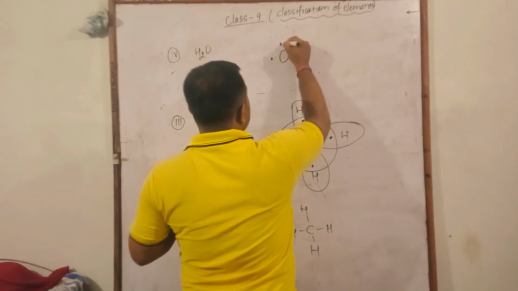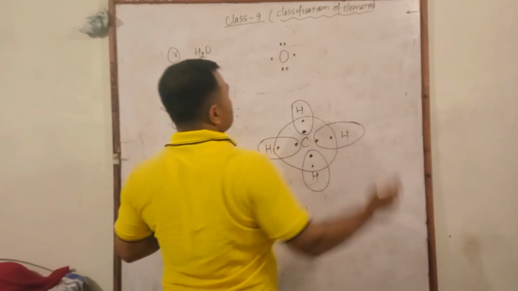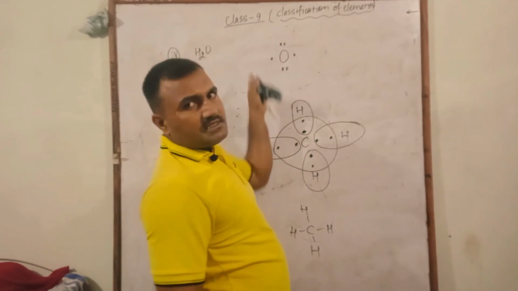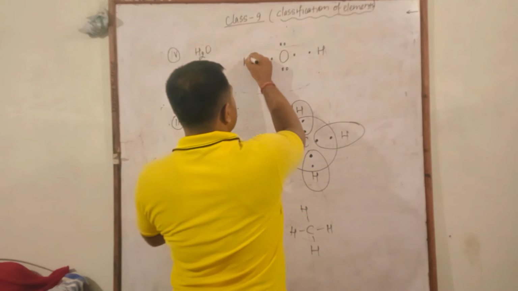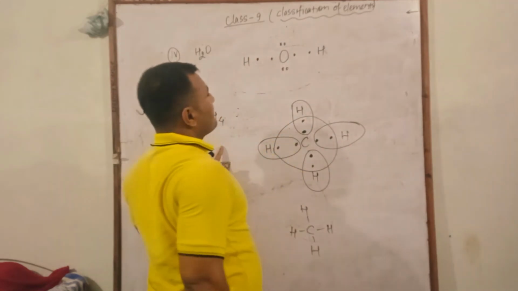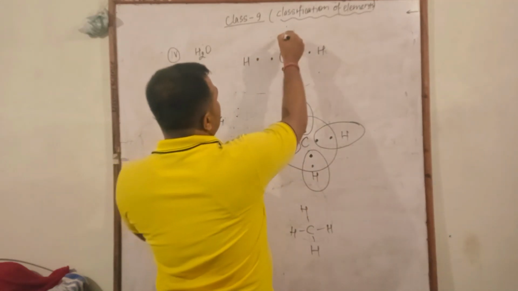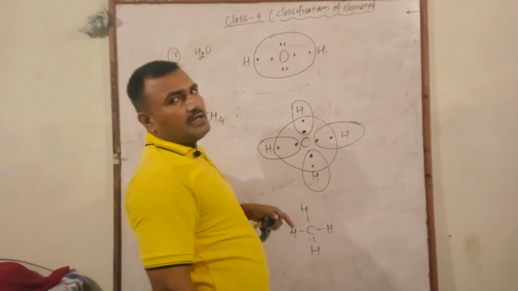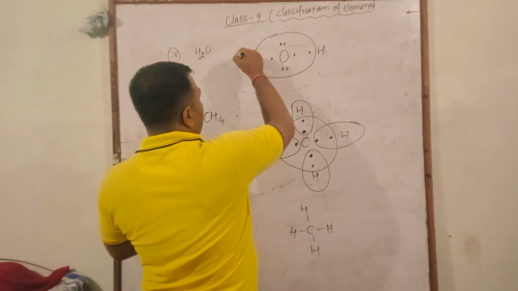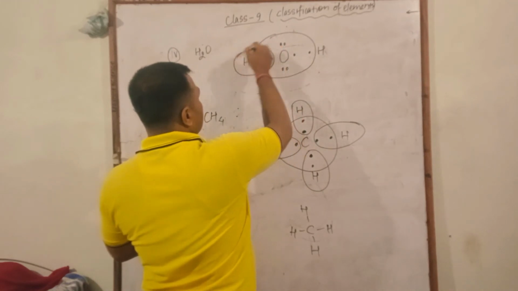Oxygen has 6 valence electrons, 2, 4, 6. Hydrogen has only one valence electron. In this way, oxygen shares one electron with each hydrogen and completes its octet. Each hydrogen shares one electron with oxygen.